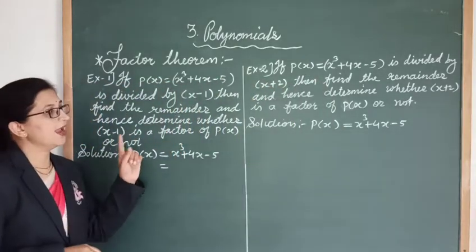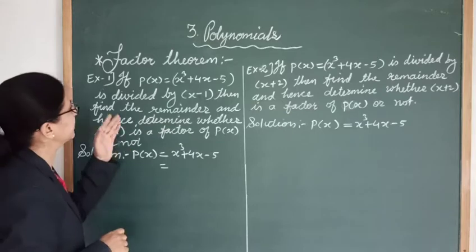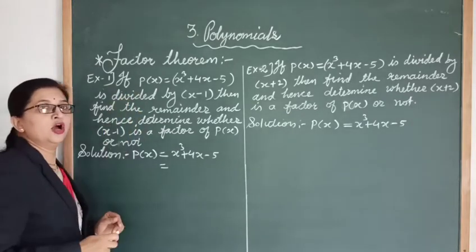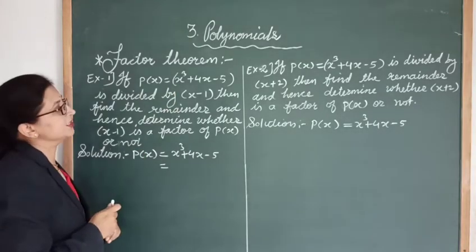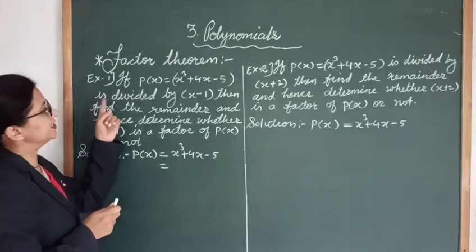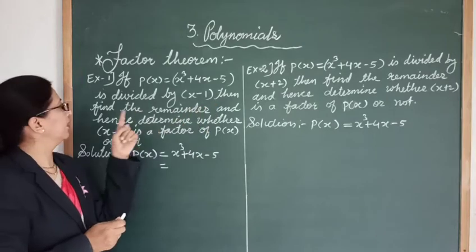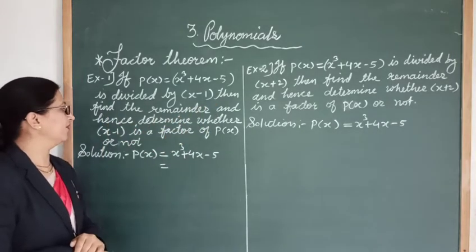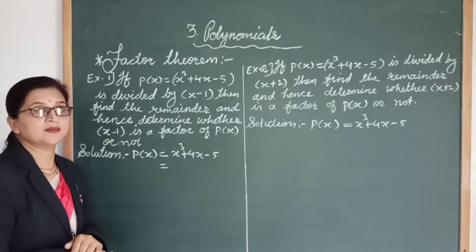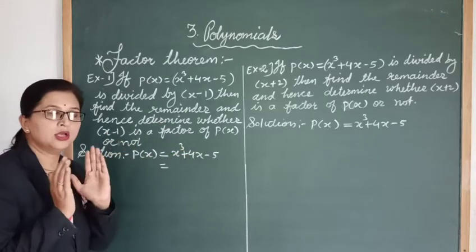Now here I have written two examples. See the first example: if polynomial in x is equal to x cube plus 4x minus 5 is divided by x minus 1, then find the remainder and hence determine whether x minus 1 is a factor of this polynomial in x or not.